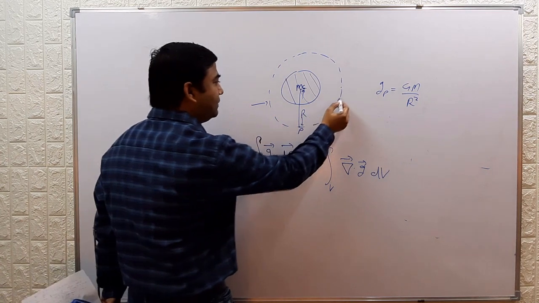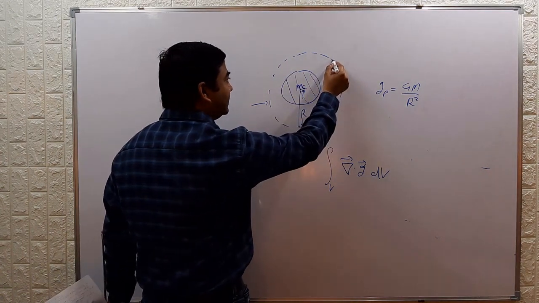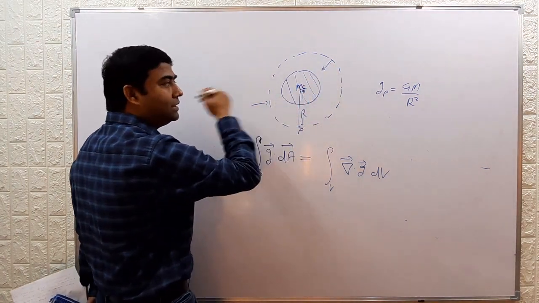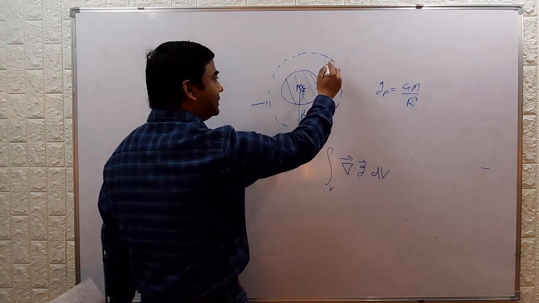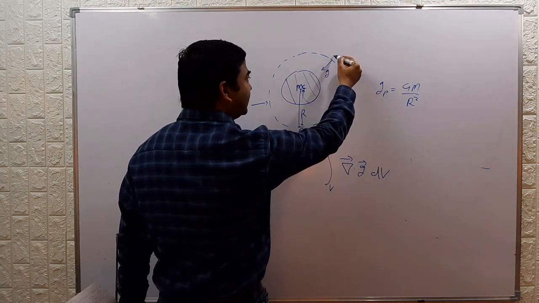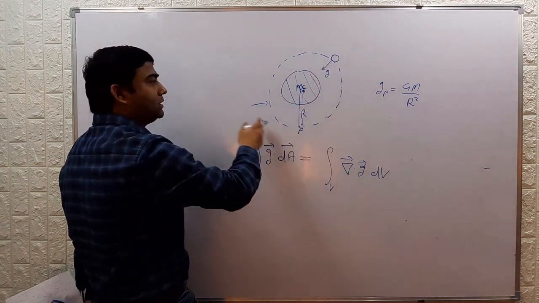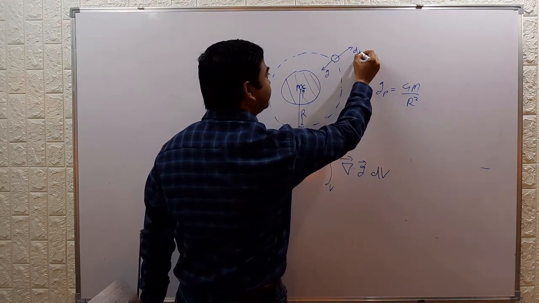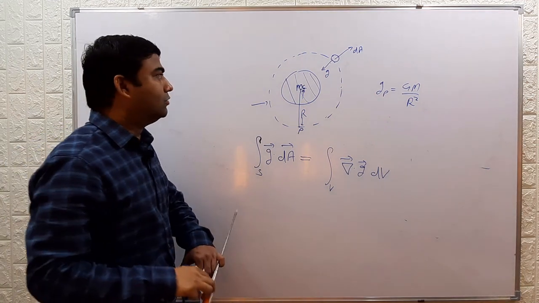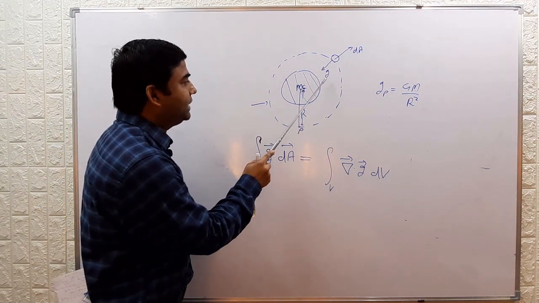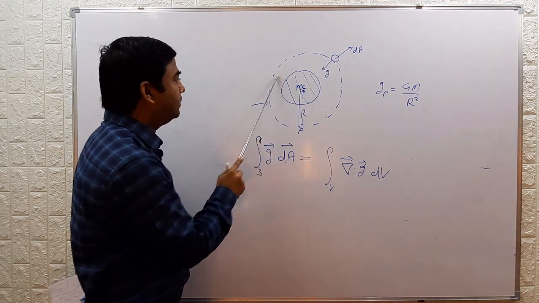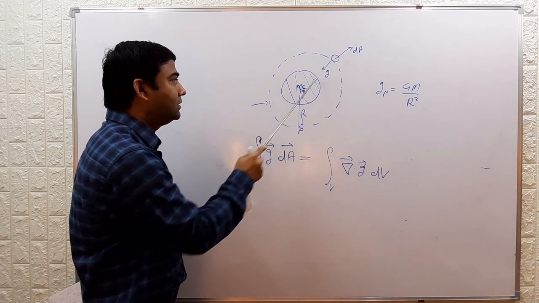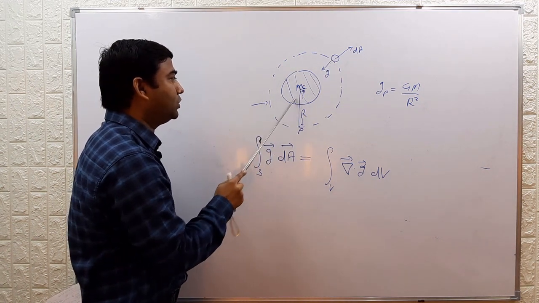At every point on this sphere, the direction of G is radially inward, and the area vector at every point on this sphere will be radially outward. By the symmetry principle, we have assumed the magnitude of G at all points will be the same, and by Newton's law, we know the direction of G will be towards the center at all points.